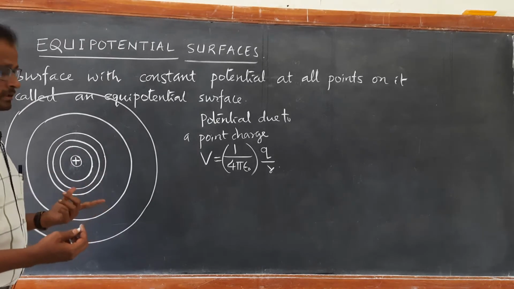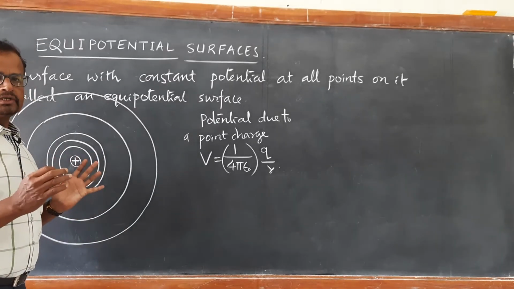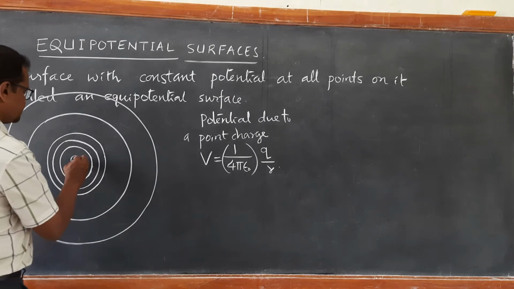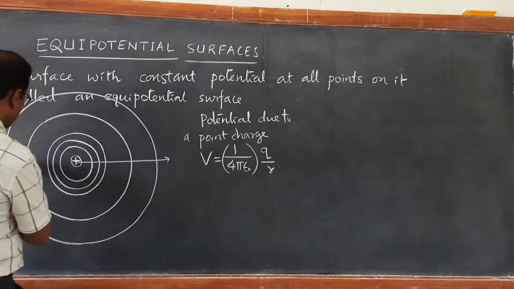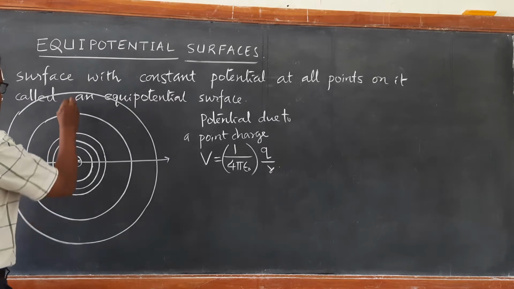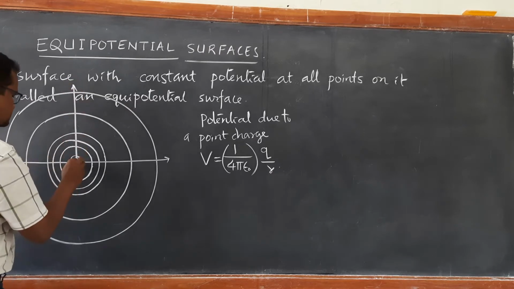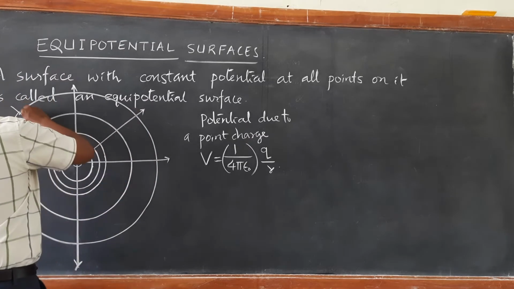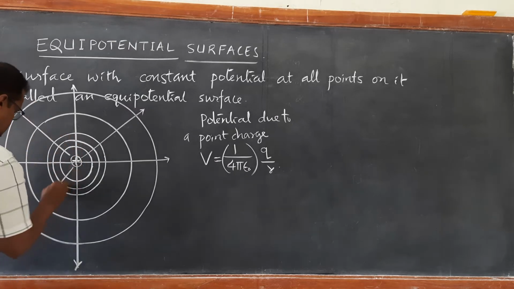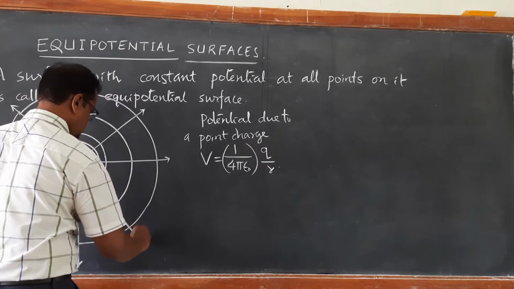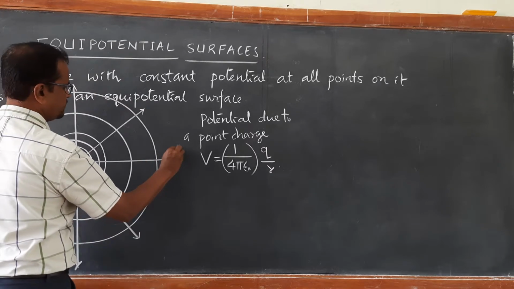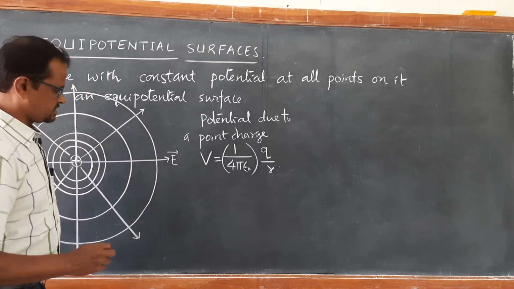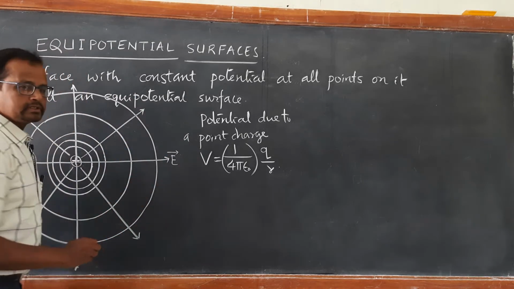We have already learnt about a point charge, about its radial electric field. The field lines of this point charge are radially outwards. This represents radial field lines. So, these are representing electric field lines, whereas the spherical surfaces are representing potential surfaces, and these are called equipotential surfaces.